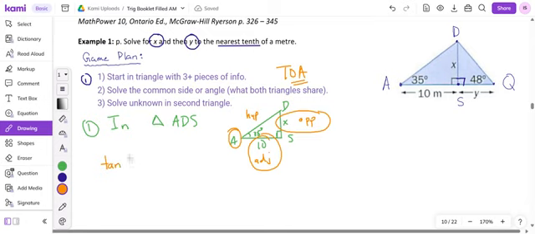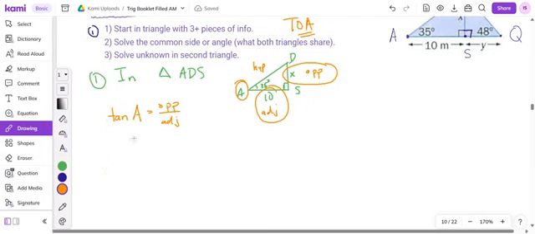So let's set it up. Tan of angle A equals opposite over adjacent. Beautiful. Now let's fill in the values. Go ahead, solve.